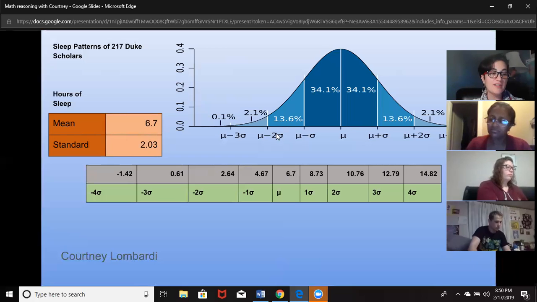The standard deviation, or difference between the scholars' total sleep, is 2.03. The graph makes it easy to see at a glance the amount of time those 217 scholars sleep. So a majority of them sleep between 4.6 and 8.73 hours, which is right here, and that's what's represented on the graph.